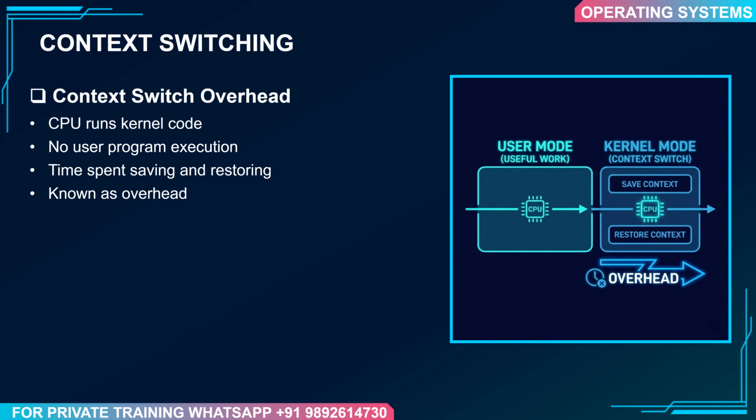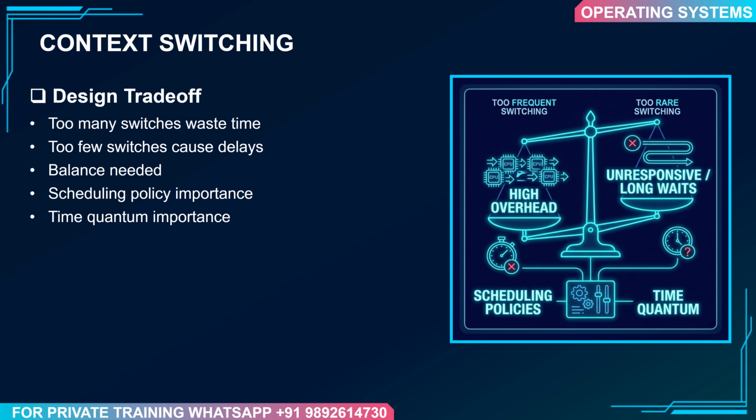This means context switching always has a cost. Time is spent saving and restoring context instead of doing useful application work. This cost is called context switch overhead. This overhead is the reason why operating system designers are very careful about how often context switches occur.